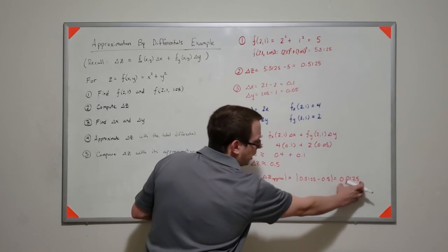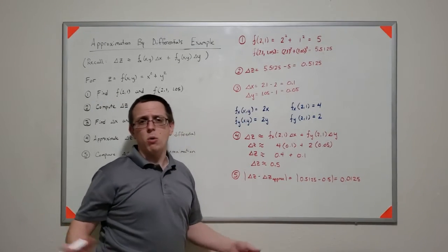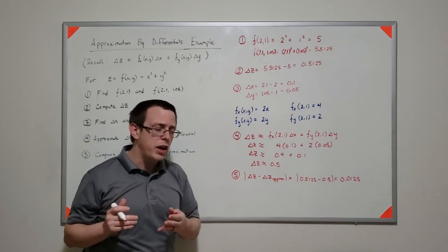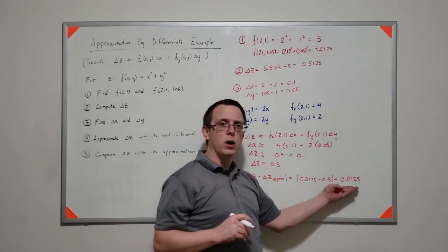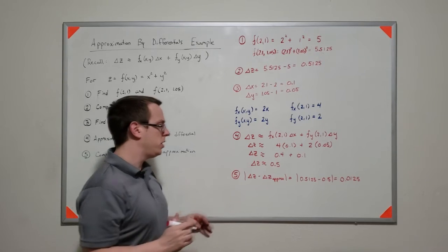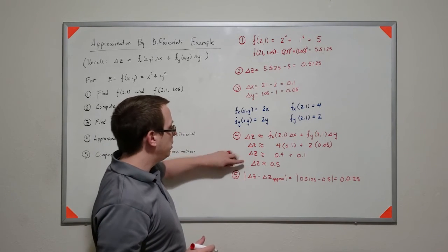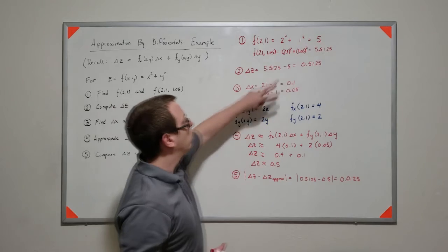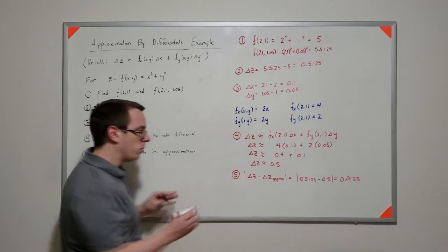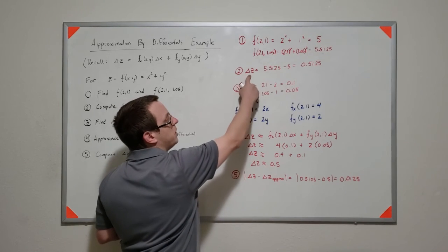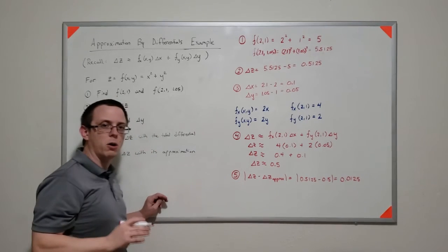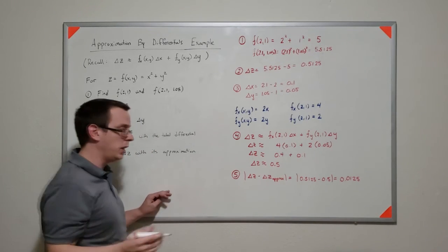But another thing: you may say, oh, that's pretty small, who cares? The other thing you really want to look at is the relative error. This is what you would call the absolute error: basically, how different are they in terms of subtraction? The relative error says how different this value is relative to that value. I'm going to do something you don't normally do. You normally take the true value as your denominator, but I'm going to use the other one because the math comes out a little more cleanly.